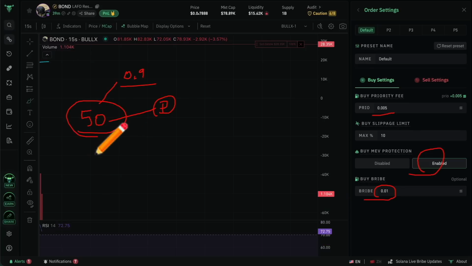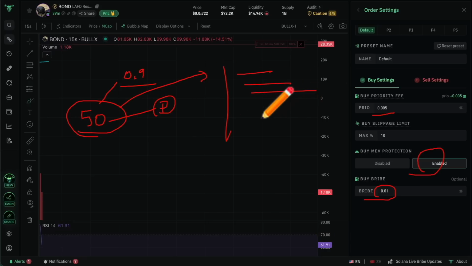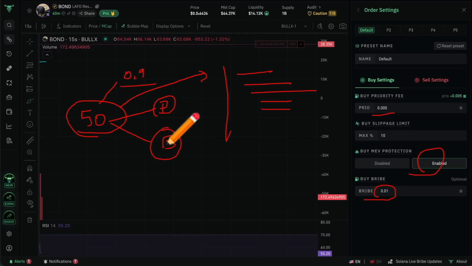When they know you're buying $50, they can see your transaction coming up, and they jump ahead of you to buy before you, so they can basically sell on you and dump on you at a slightly higher price. We can go into that in a lot more detail, but we don't need to. Generally, you want to keep it enabled, especially for buying. And to make sure your transaction is preferred with it enabled, that's when we're talking about the bribery fee. If your transaction is not going through, you can increase that a little bit as well.